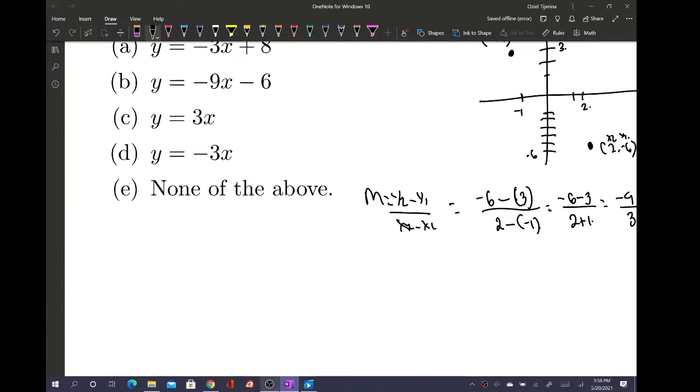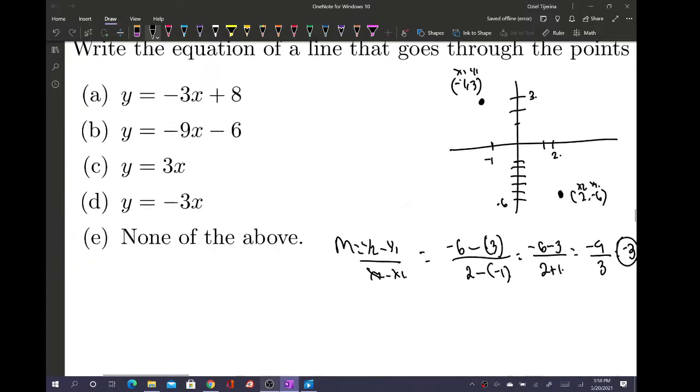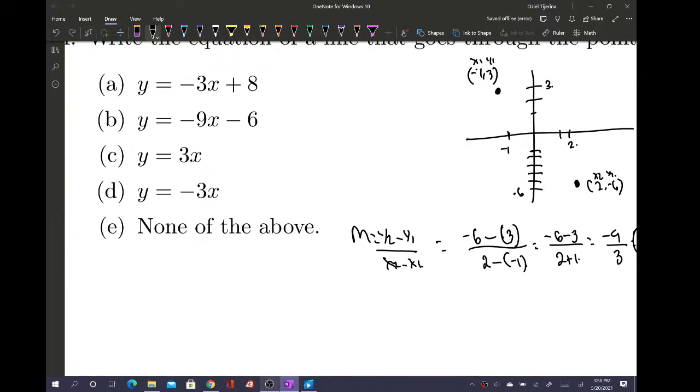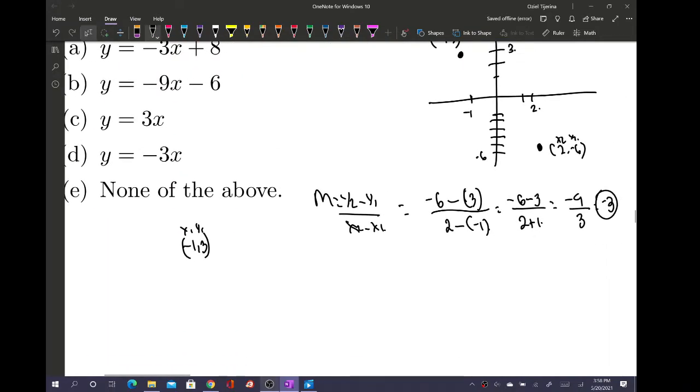Now, we can use point slope form for this. We know that (-1, 3) is x1, y1. So we have y minus 3 equals m, which is -3, times a quantity x minus x1, because y - y1 = m(x - x1).